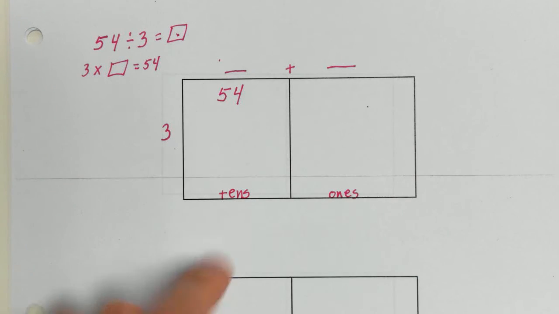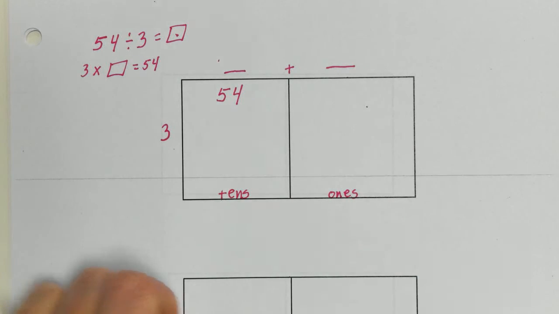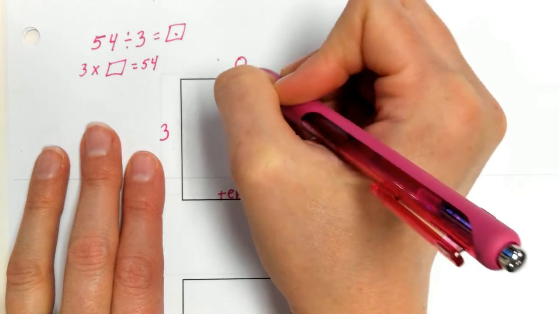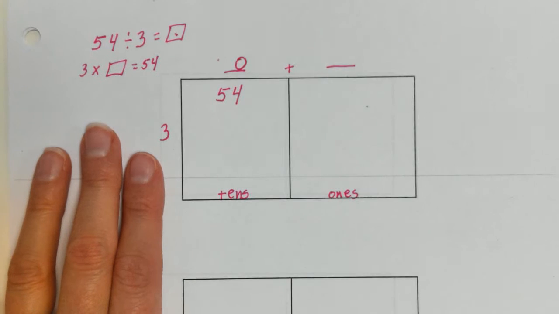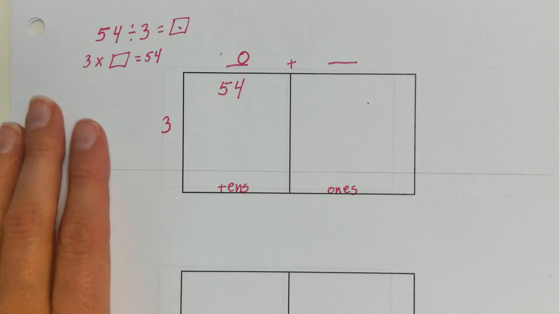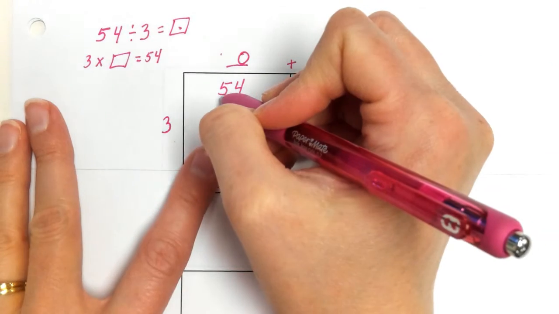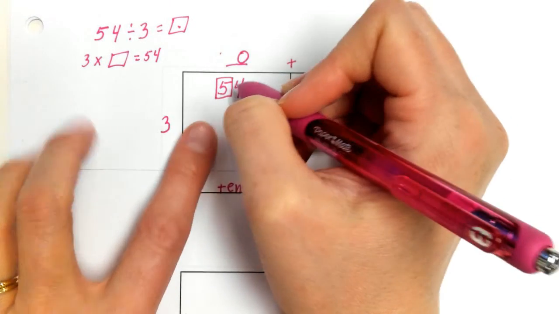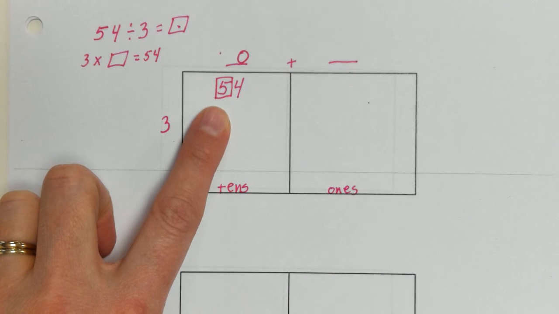All right. Here's why that is important. I'm going to put 10 up here because this is my tens place. Now, for this problem, I'm going to put a box around my 5.